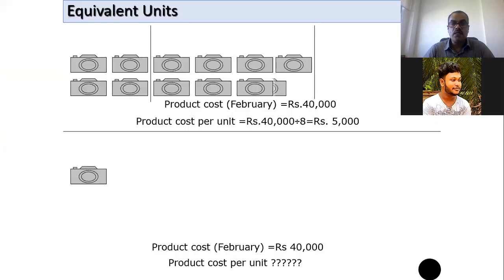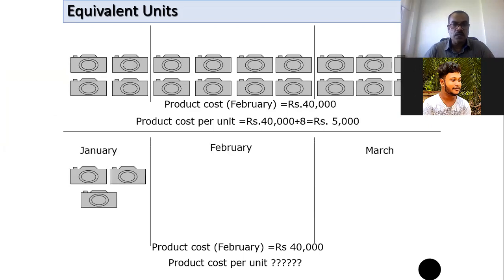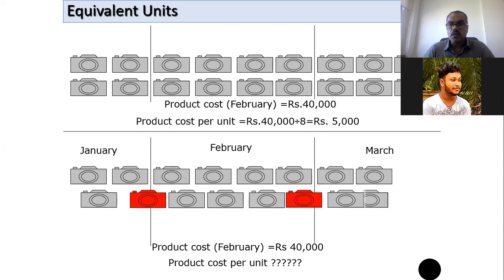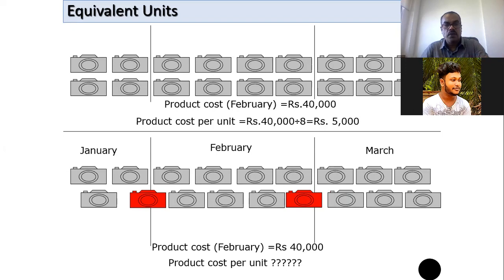If you look at this picture, you would see on the top part that it looks like products, maybe cameras or whatever, come within a given time period. The middle of the picture is denoted by the month of February.